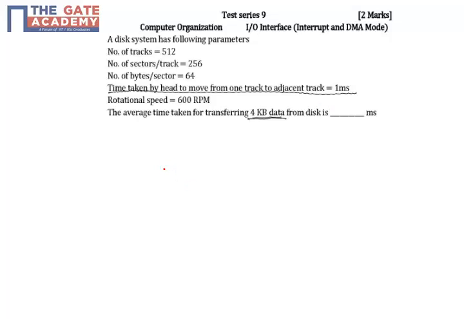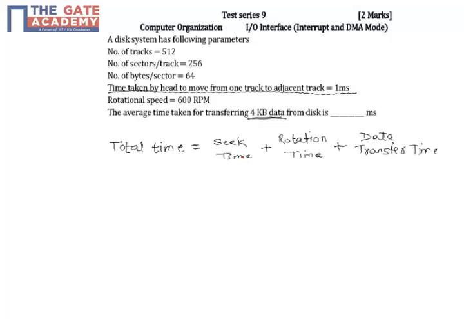As we know, the total time for disk data transfer is given by the sum of seek time plus rotation time plus the data transfer time. Here the seek time is nothing but the time it requires to position the read-write head to the correct track.